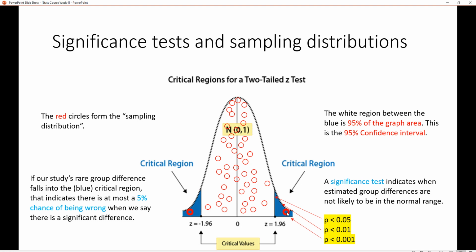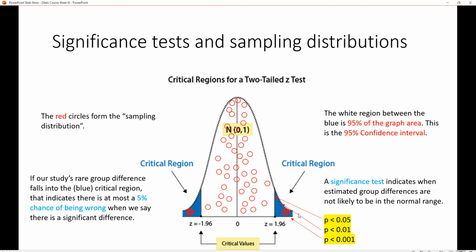So the further we go into this blue region, the more rare it is to see group differences that strong. And we use these p-values to give us an idea of how strong these group differences are. So we know we're in the blue region, but now we know exactly how far we are into that blue region based off this p-value.